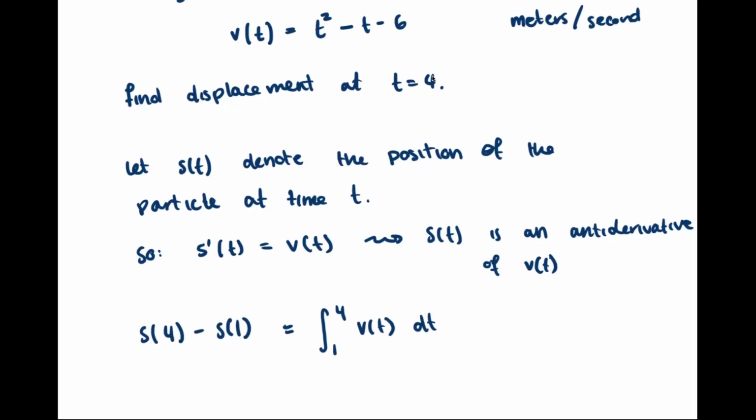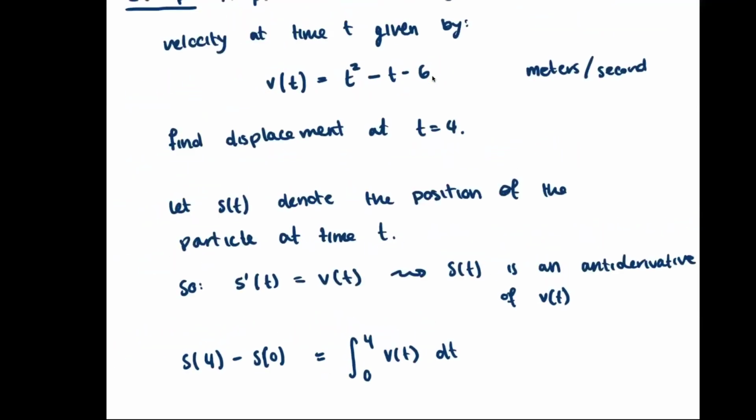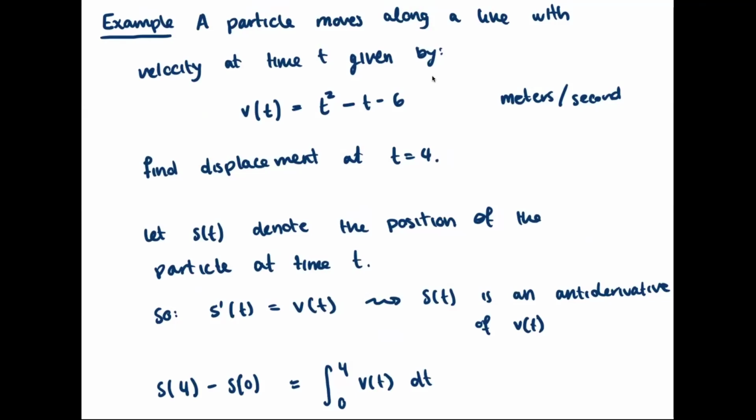Good question. I don't know. So I think I just messed up the example. So I have to put 0 in here. I think in the question I didn't say, so let's say the displacement, because we didn't give a starting time, right? So let's say the displacement between time t equals 0 and time t equals 4.